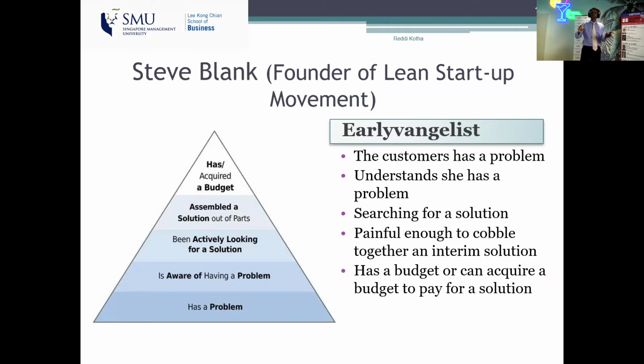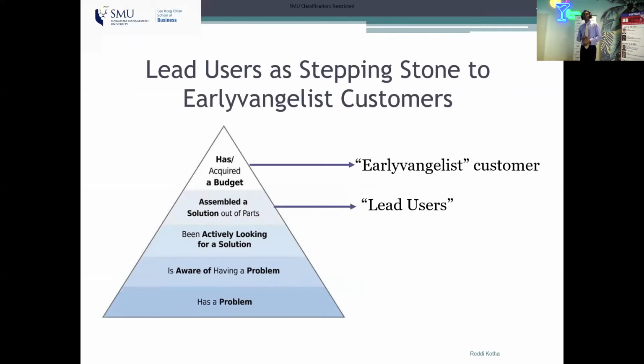So if you go to them with a solution, you can learn from them, and you can also develop an innovation that you can then take to the market, right? So they assemble the solution of parts, which means you don't have to come up with everything yourself. You can go to people with versions of a problem and see what they are doing to solve their problem, because there are no commercially available solutions. And you can learn from these different people and come up with an integrated solution that then perhaps can go to the market.